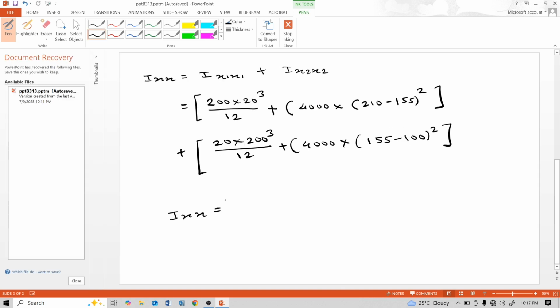So we get, for this T section, the moment of inertia about the horizontal x axis is 37.66 into 10 raised to 6 mm raised to 4.